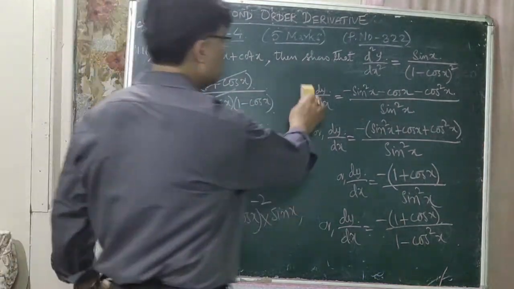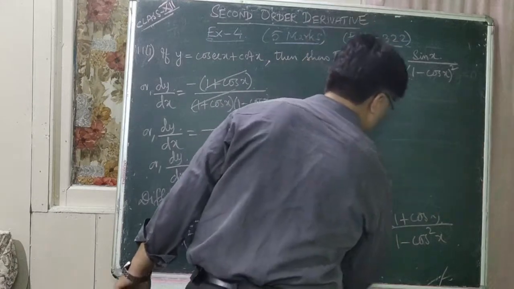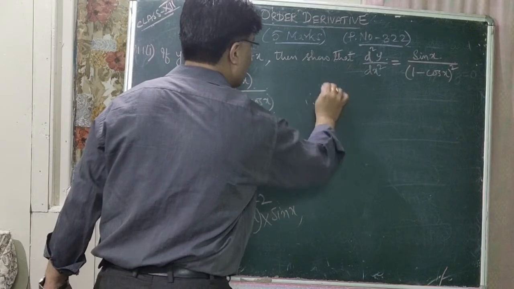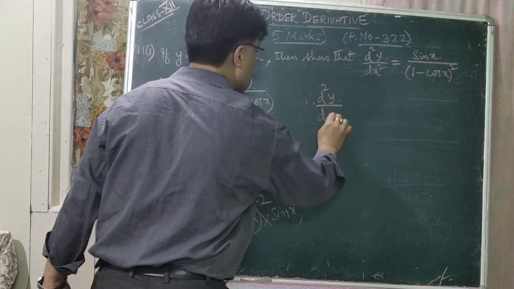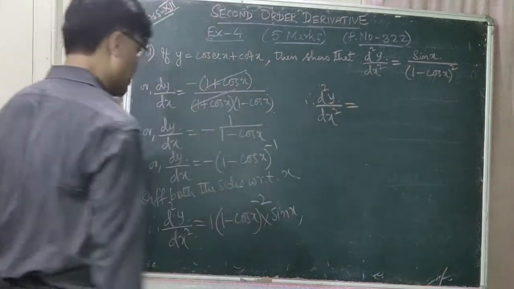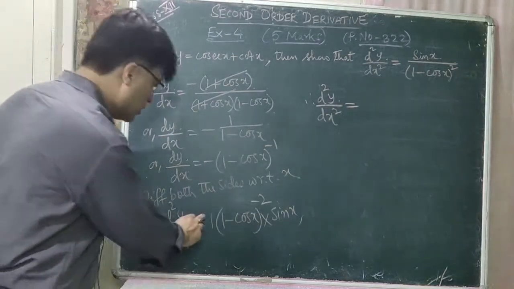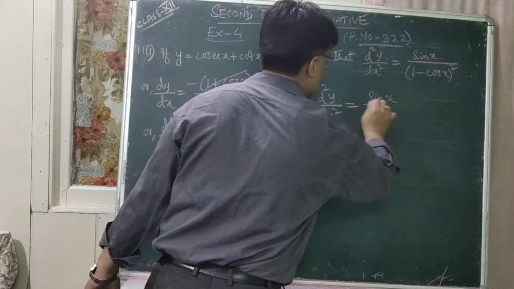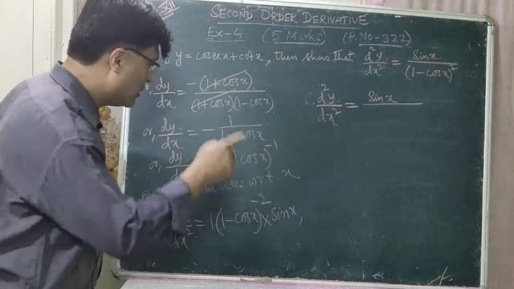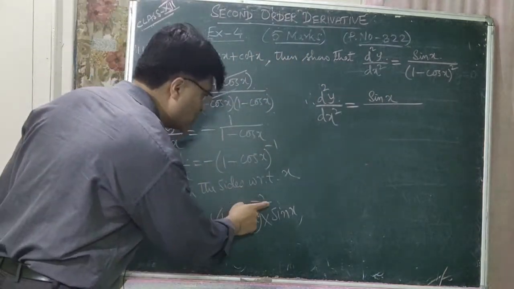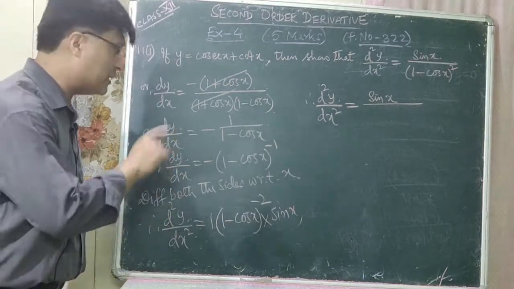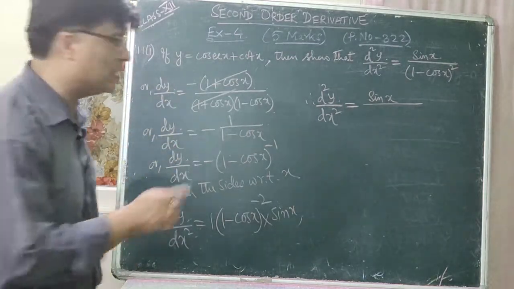Okay. So now in the next step, what is d2y by dx square equal to? So therefore d2y by dx square is equal to, now this 1 into sin x is sin x divided by, now this 1 minus cos x whole to the power minus 2 can be simplified by taking it to the denominator.